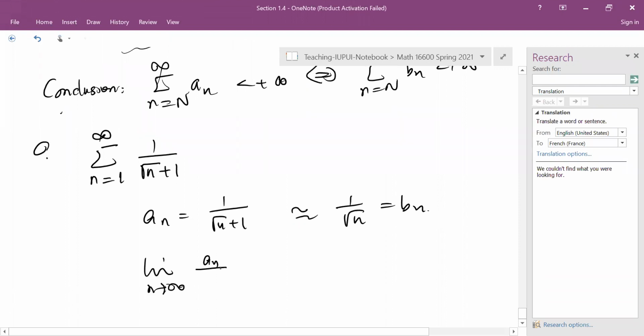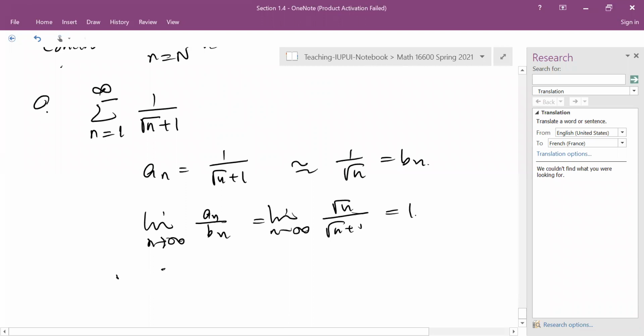Then you check the limit, and you will see that the limit is going to be 1, because of how we got the b_n. So the limit is 1, and 1 is a positive finite number.